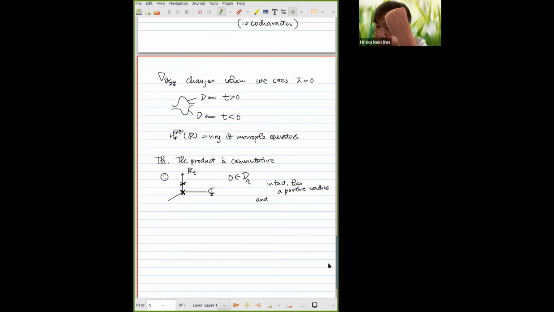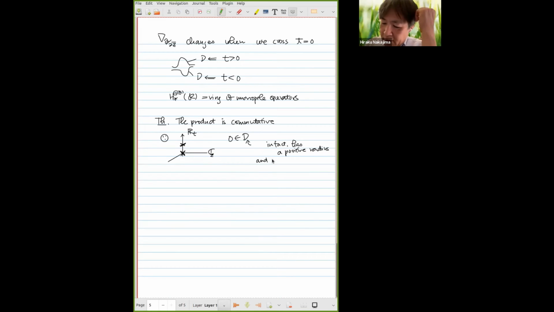Then one can move the origin freely. So there is no ordering, and that is the reason why you get a commutative product.